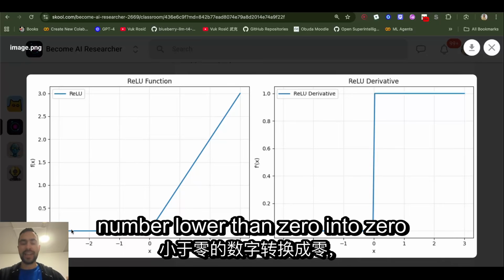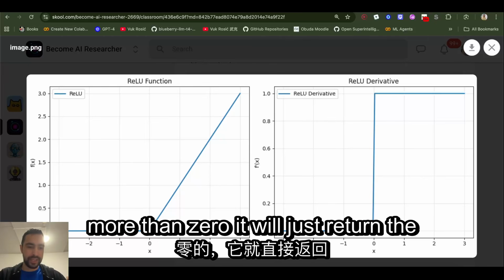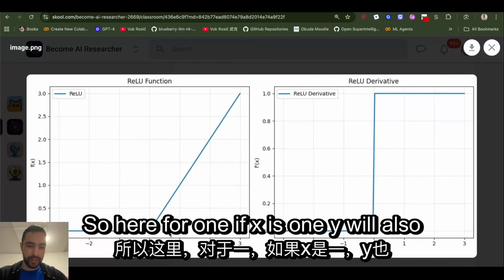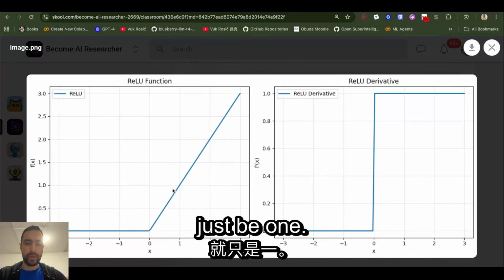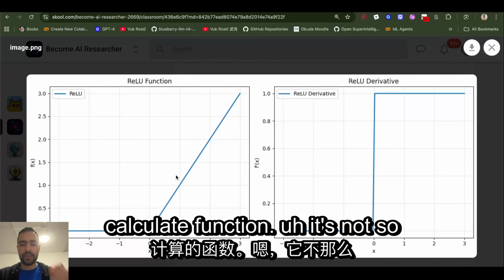So it converts any number lower than 0 into 0. And if the input x is higher than 0, it will just return the same number. So for 1, if x is 1, y will also just be 1. It's a very simple, very easy to calculate function.